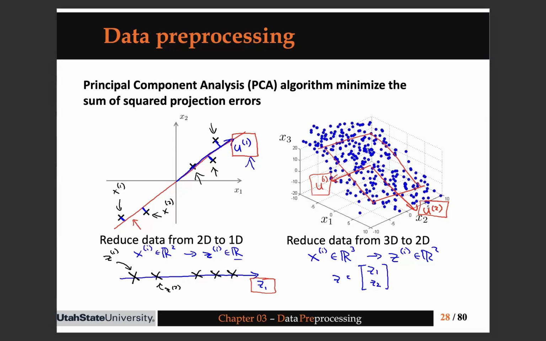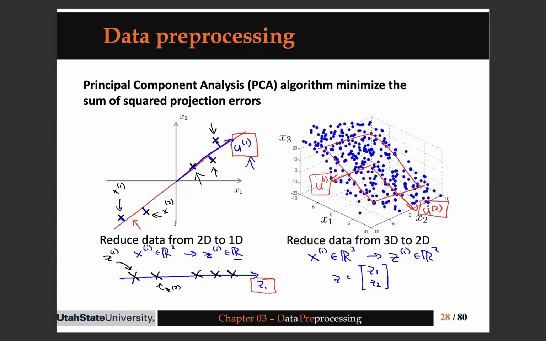On the right-hand side, you could see the same exact example, but here we're projecting from 3D, so x1, x2, and x3, or three dimensions, into 2D, or a hyperplane in this case, of U1 and U2. You might notice that I'm using U to describe the principal components, and I'm also using Z as the new vector, which describes our reduced data set.